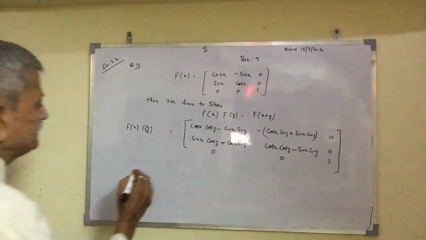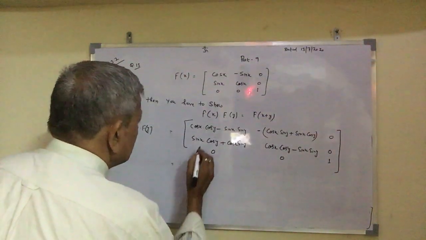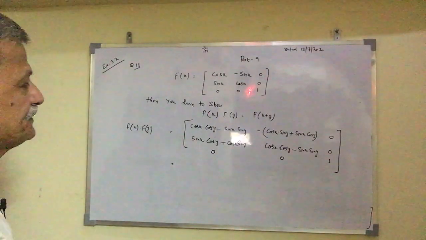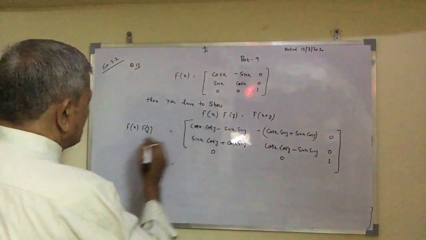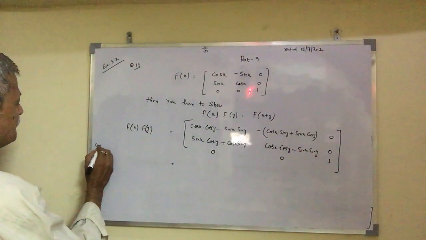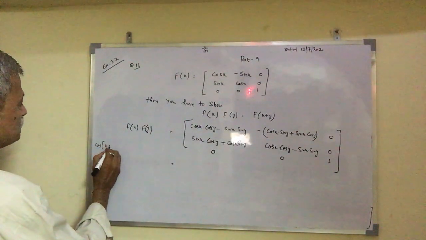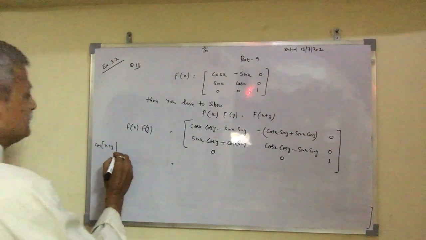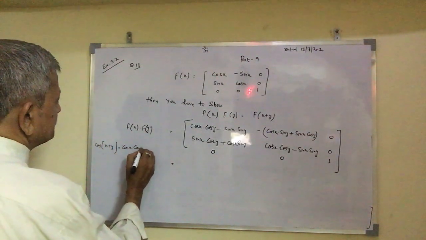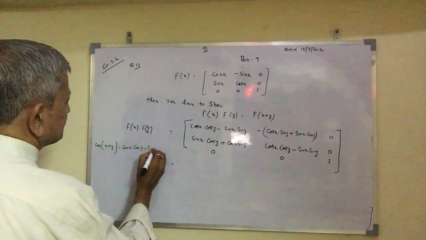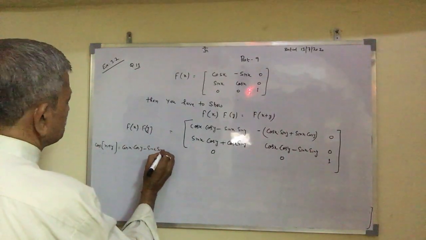Here this portion is left with cos x into cos y minus sin x into sin y, because according to the formula, cos of x plus y is equal to cos x into cos y minus sin x into sin of y.